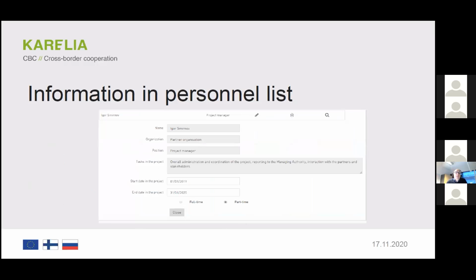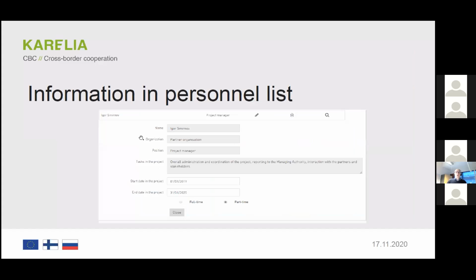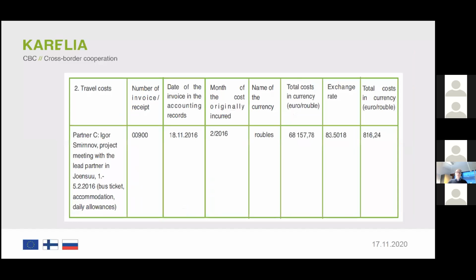So important is that the information, for example, in personnel, these persons which you have presented in the financial report should be found also here in Promas's personnel list. So every staff person presented in the financial report should be found both in the budget, those positions, and names and positions in the personnel list. Make sure that these are consistent with each other.